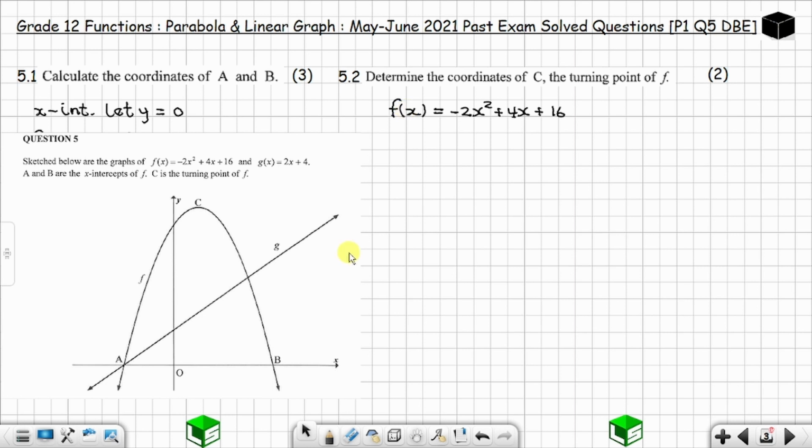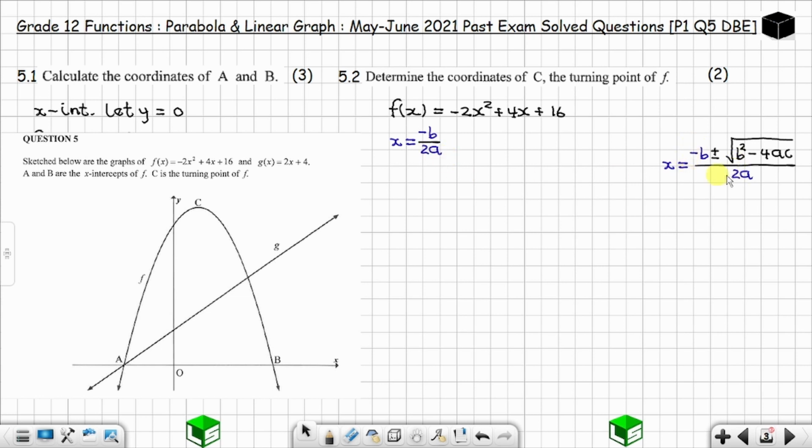Okay, another way is to use this formula: x is equal to negative b over 2a. This formula is obtained from the quadratic formula. You can see you pull out your negative b from there and the 2a from there. So you have negative b over 2a.